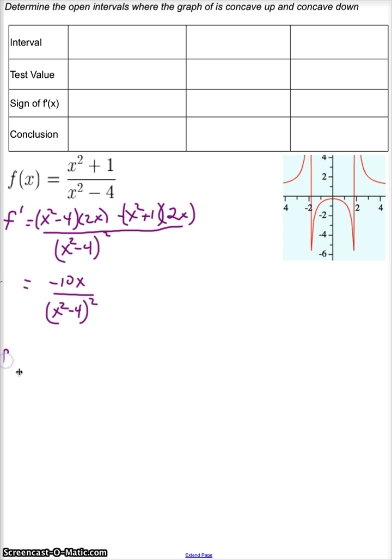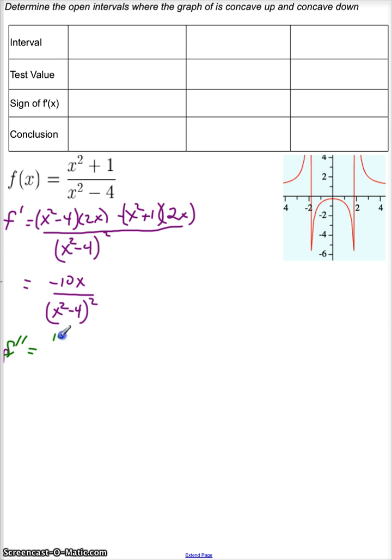So let's look at the second derivative, and I'm going to switch pen colors here. All right. Second derivative is equal to, and again we have a quotient rule.